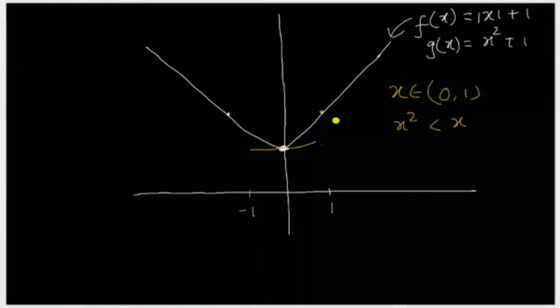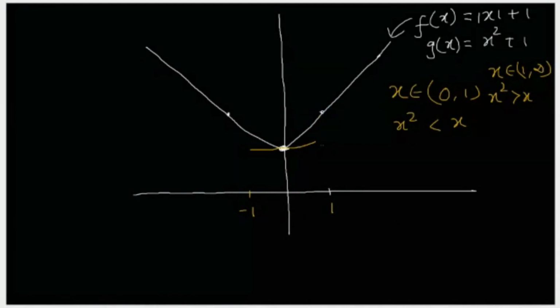It will move on top of mod of x plus 1, because when x lies between 1 and infinity, x squared is greater than x. So it has to cross this.